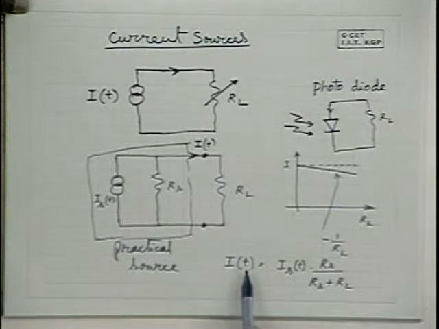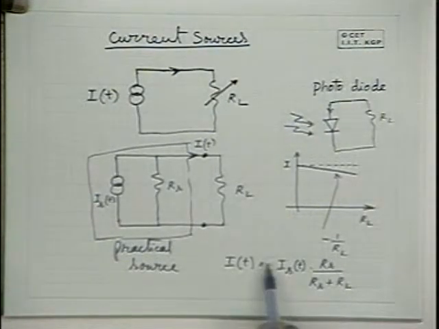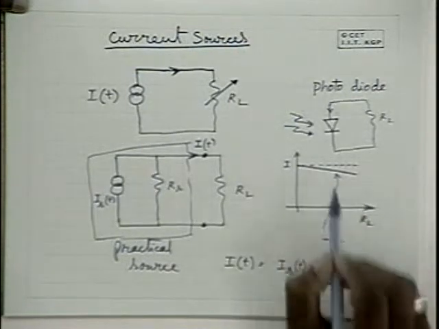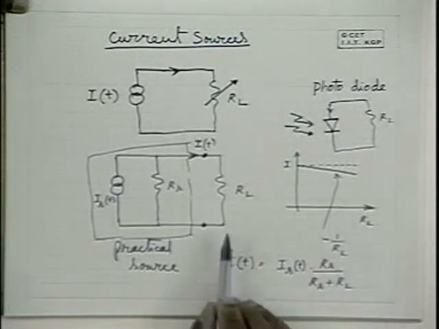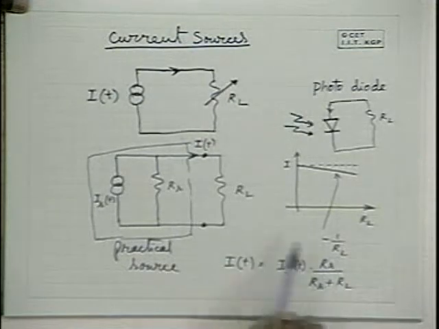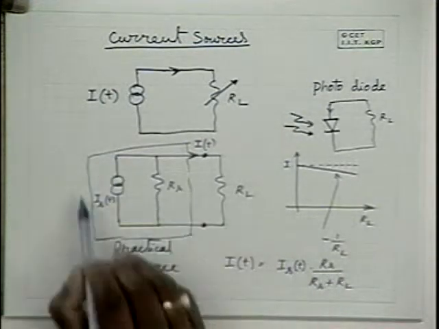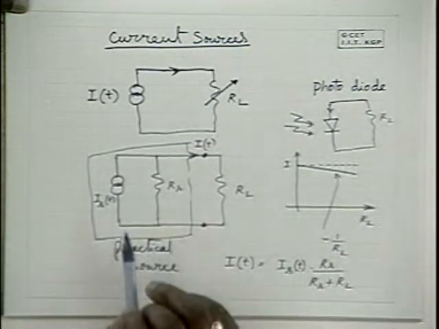So IT is inversely related to RL here; with increased RL, IT decreases. Therefore, this kind of characteristic can be obtained in this fashion. To get this kind of characteristic, you can use this kind of model for a practical source.